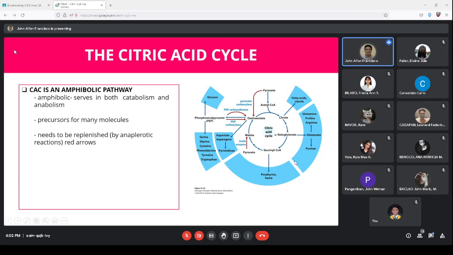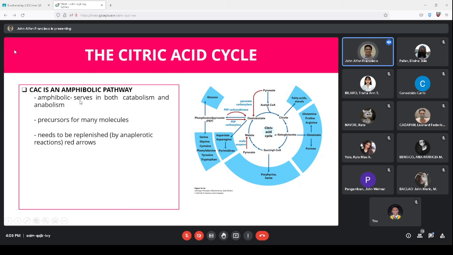Okay? So, pag-aaralan natin sa mga susunod nating topics on how these purines, pyrimidines are produced, how these amino acids and fatty acids are produced. Dahil yun naman yung cover ng ating biochem.